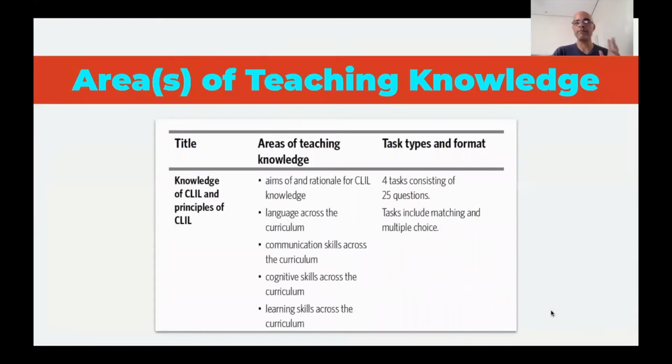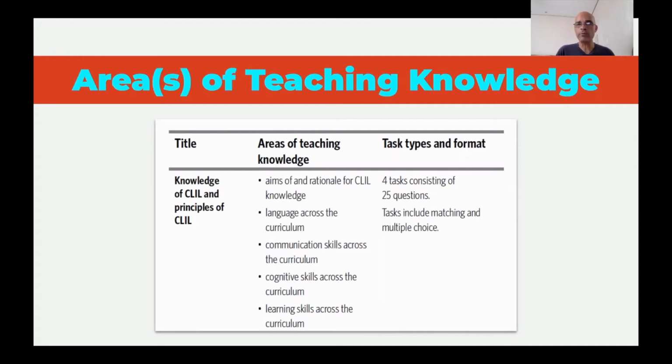But before that, let's delve a little deeper into understanding where we're at. As I just told you in the introduction, the first part of the CLIL test is titled Knowledge of CLIL and Principles of CLIL. And there's 4 tasks that we can see here on this table, consisting of 25 questions.